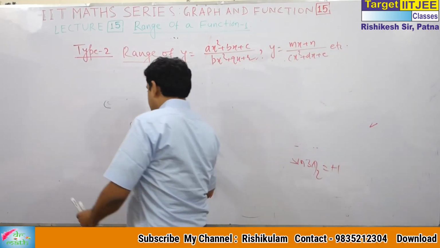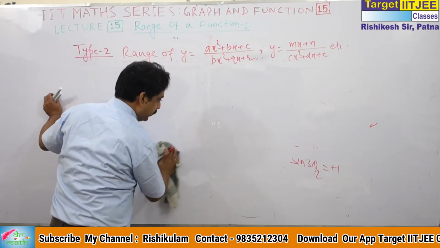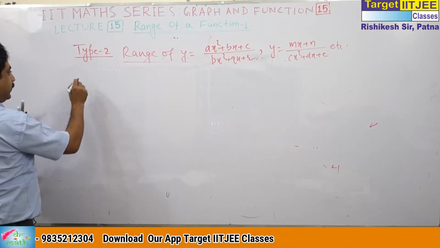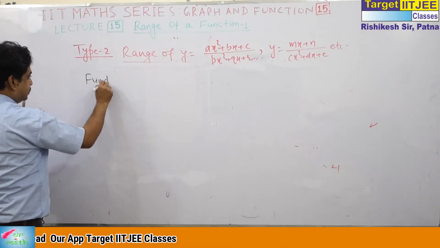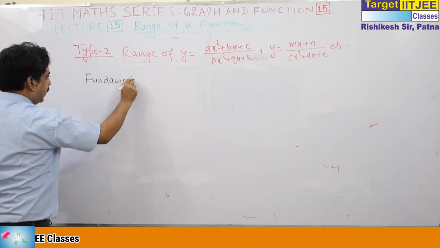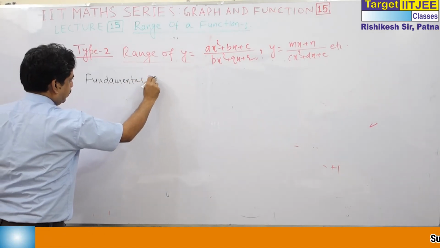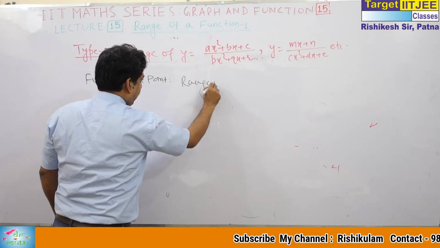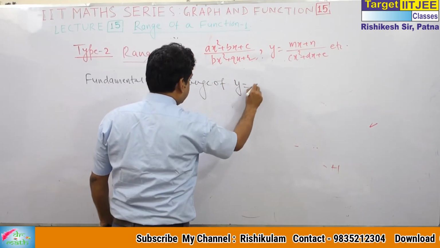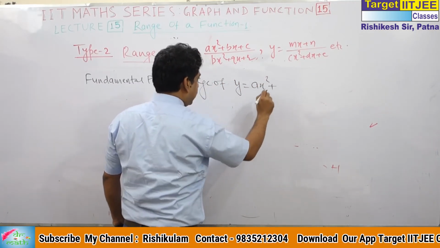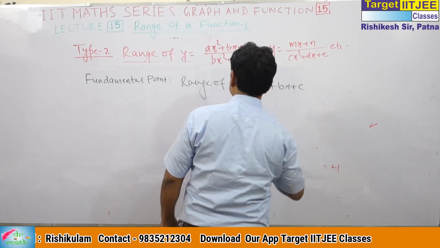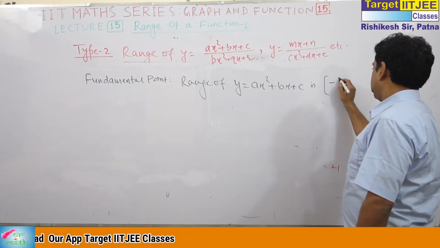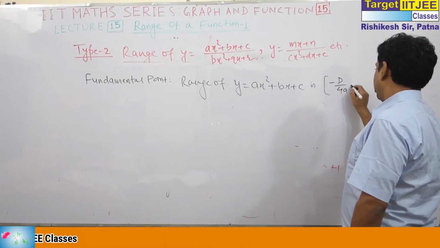But before that, I want to deal with one fundamental point. Range of y is equal to ax square plus bx plus c is what? Minus d by 4a to infinity for a greater than 0, and minus infinity to minus d by 4a for a less than 0.